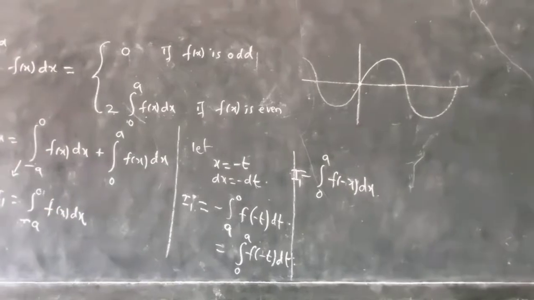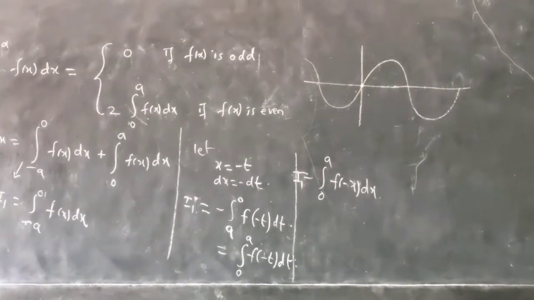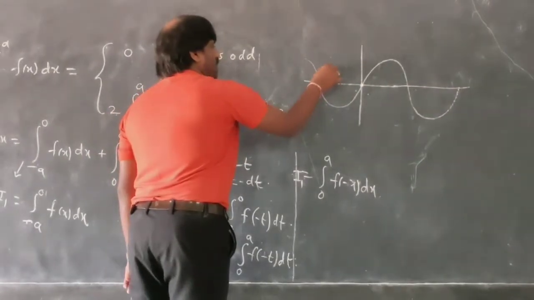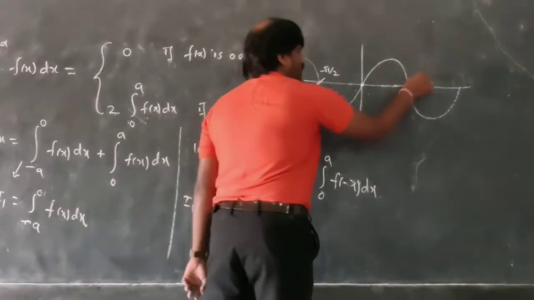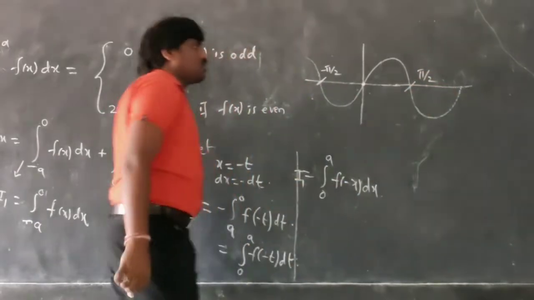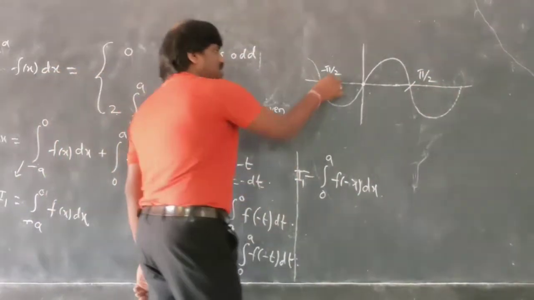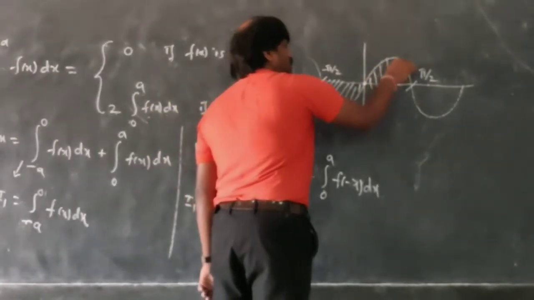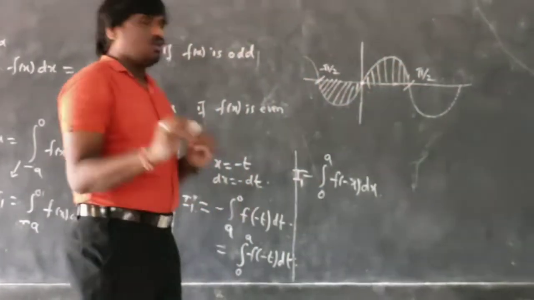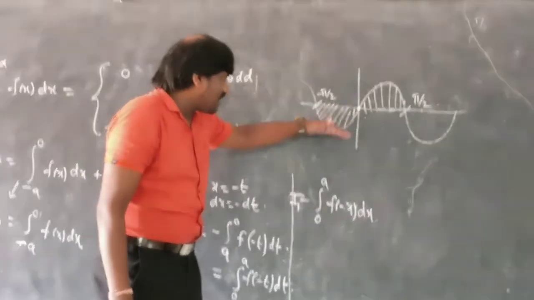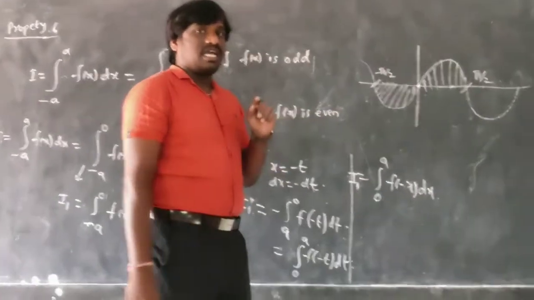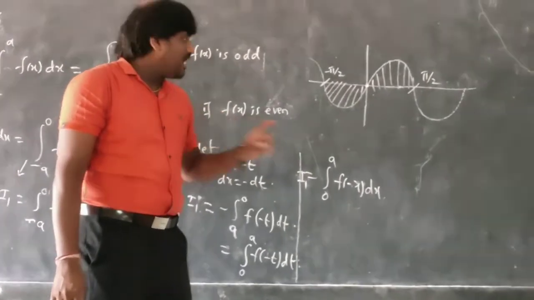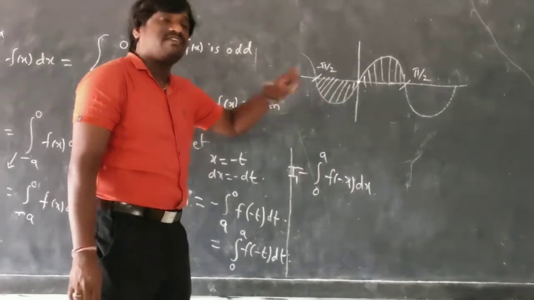So when you have an odd function, what happens? If I am taking the integral from minus pi by 2 to plus pi by 2, you are taking this area, and this one is the other area. You already know what the area under the curve is. The area is positive, but the integral value here is minus.